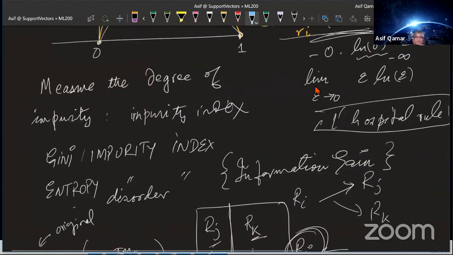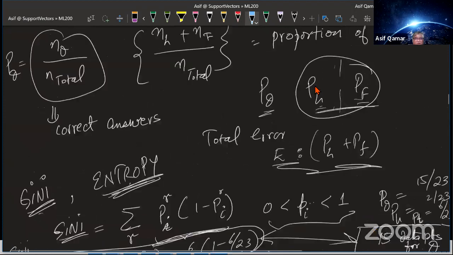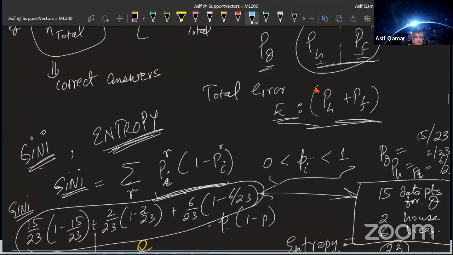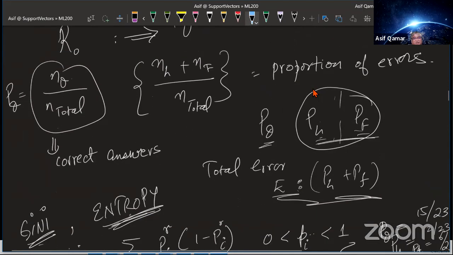Now, entropy is just another measure of disorder or impurity. Literally, the word entropy means disorder. Entropy has been well studied by physicists, for example Gibbs, in thermodynamics and statistical mechanics, more than a century ago.